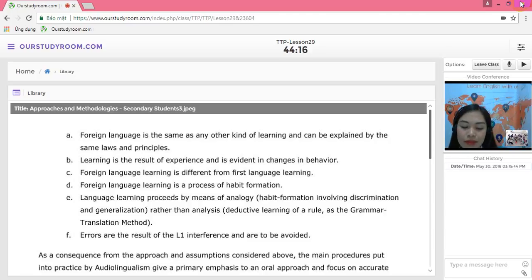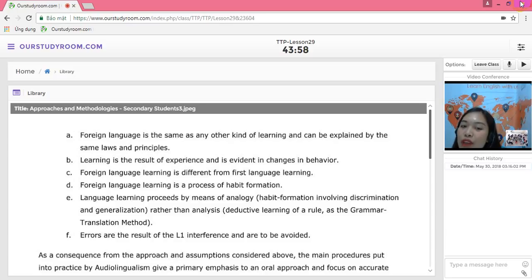And foreign language is the same as any other type of learning and can be explained by the same laws and principles.